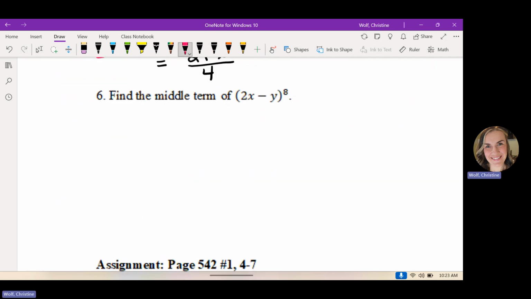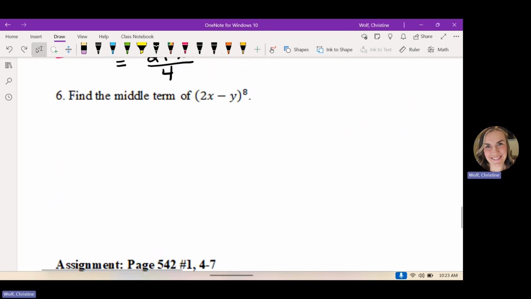All right. One more. I want to bring a negative back into play here and see what it does for us, okay? So all I tell you here is to find the middle term of what that would be. So just remember, if the exponent is 8, that means we have how many terms? 9 terms. You always have one more. So if I have 9 terms, which one is the middle term?